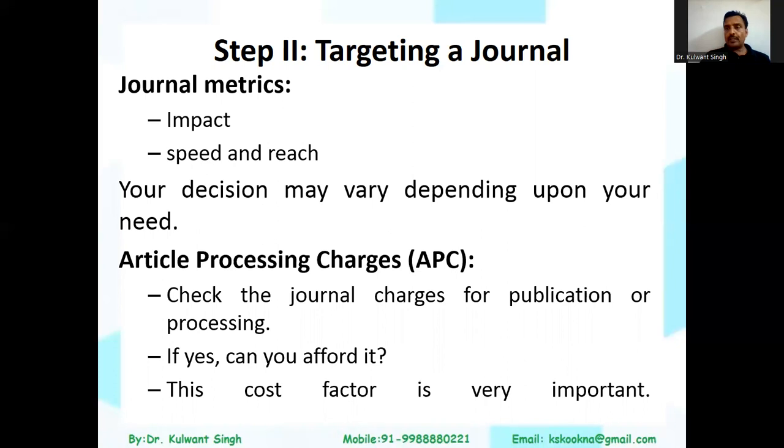So it totally depends upon you, or you can say the availability of funds with you. So you can opt for any journal, with APC or any subscription journal, but this parameter you have to check. Suppose you have selected a particular journal and that journal has some APC. If you are interested in paying the APC, then you can opt for the journal, otherwise select another one.